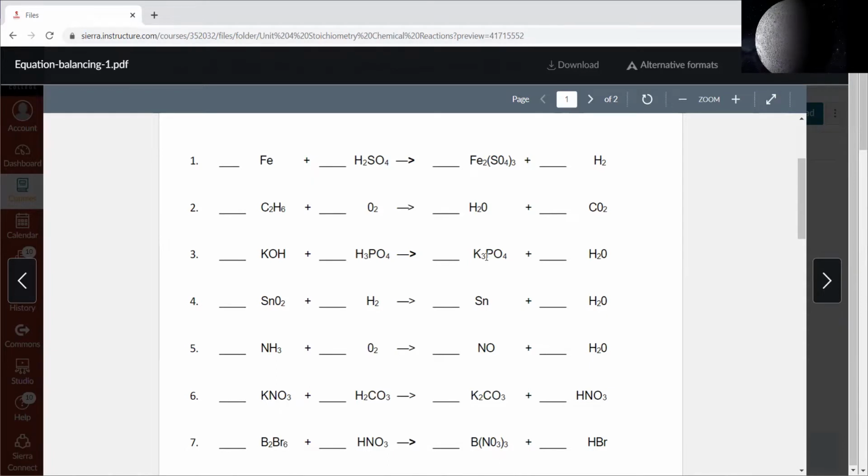Yes. Okay. The check mark in the inventory.